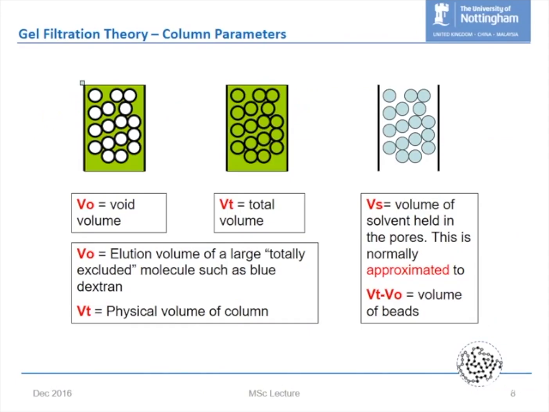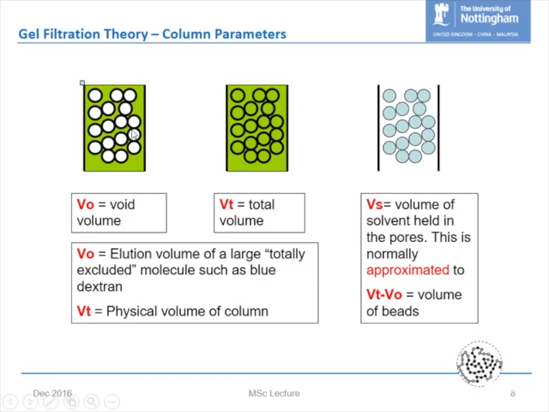Okay, so now what we're going to do, we're going to develop a few very simple equations, which allow us to actually describe GPC in terms of elution volumes. And we've got a couple of schematics here, a couple of terms that I need to define for you, but we're heading towards being able to come up with an equation for the partition coefficient.